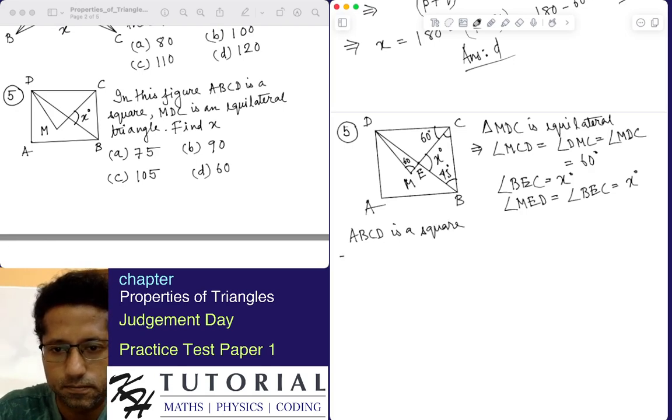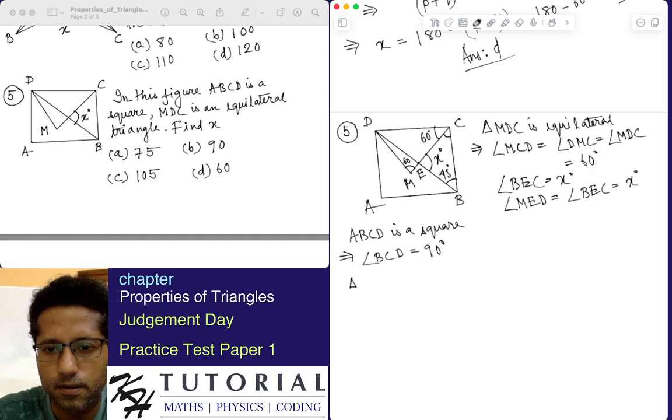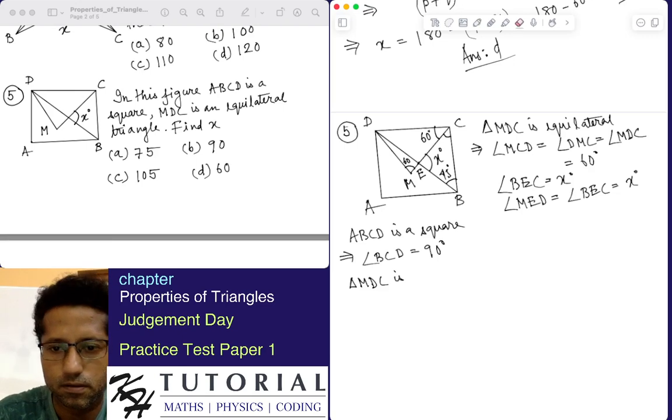This implies angle BCD is equal to 90 degree. Now triangle MDC is equilateral, so angle MDC is 60 degree.